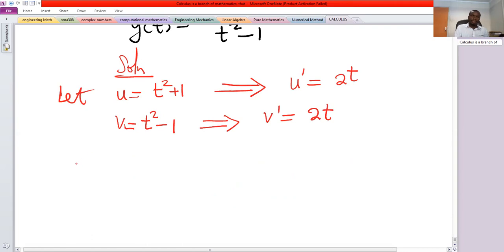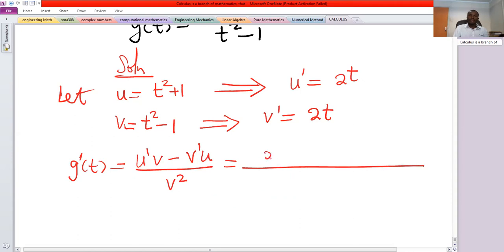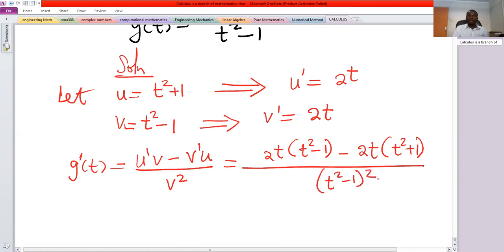Now, by definition, g prime of t, or dg/dt, is u prime v minus v prime u divided by v squared, which will be 2t into (t squared minus 1) minus 2t into (t squared plus 1) divided by (t squared minus 1) squared.